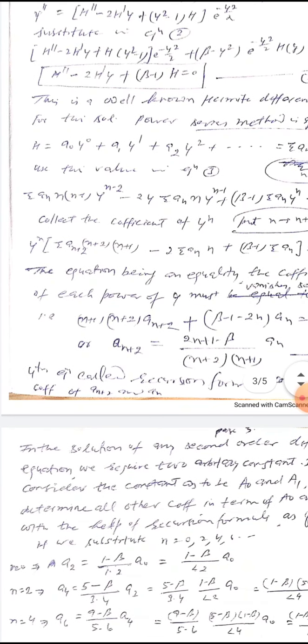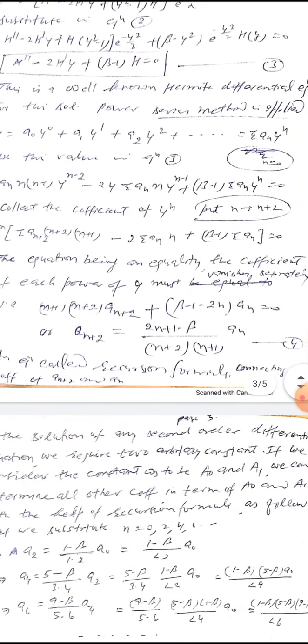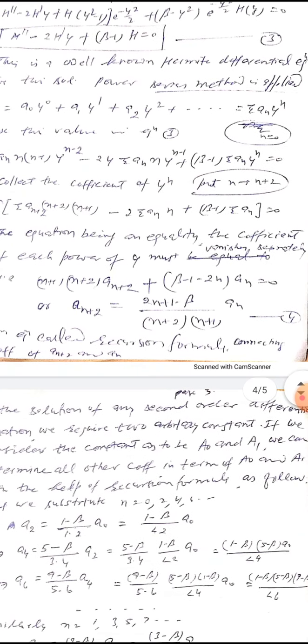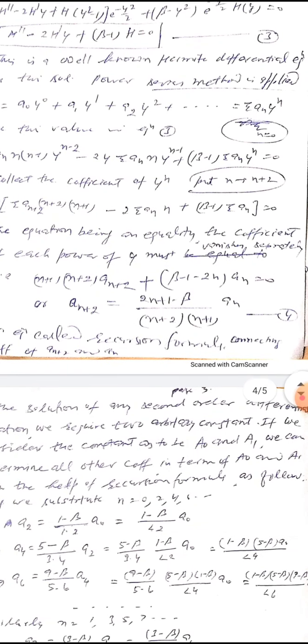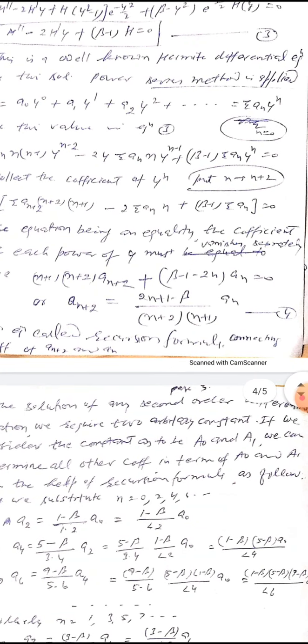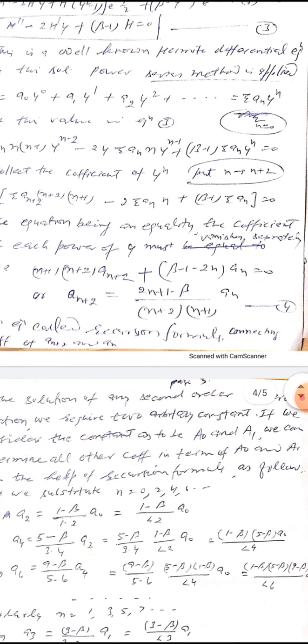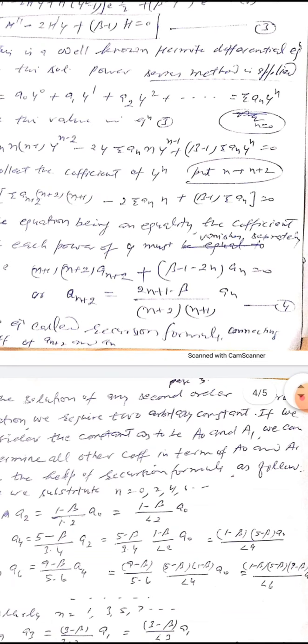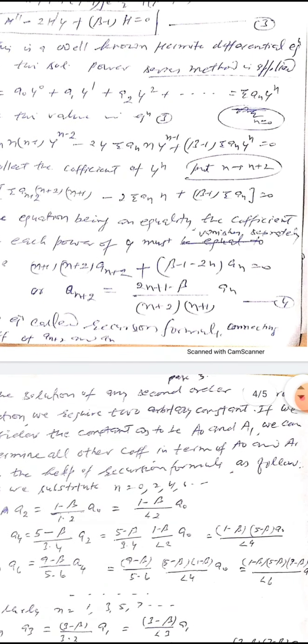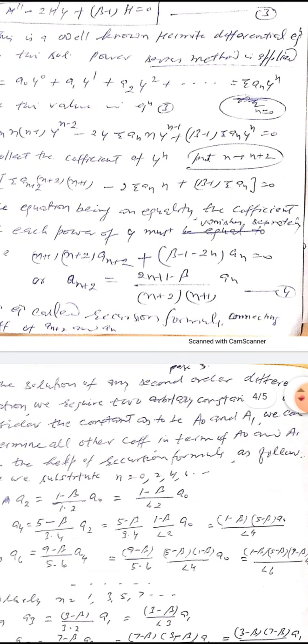So the expression becomes like this. This equation being an equality, the coefficient of each power of y must vanish separately. That is, (n+1)(n+2)a_{n+2} + (β − 1 − 2n)a_n = 0.